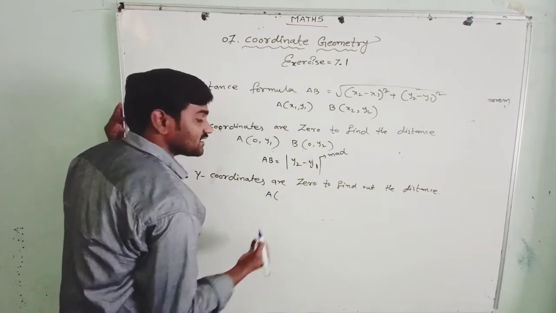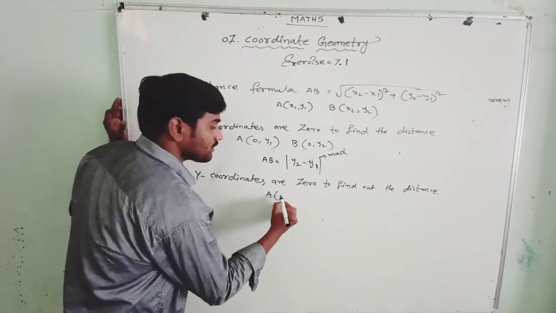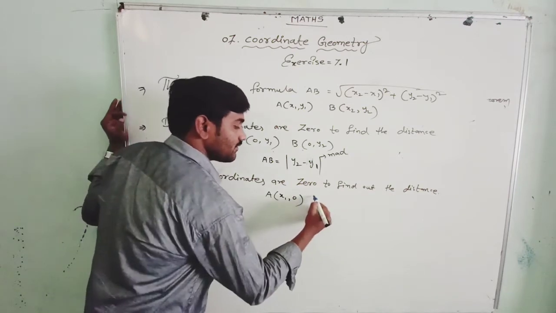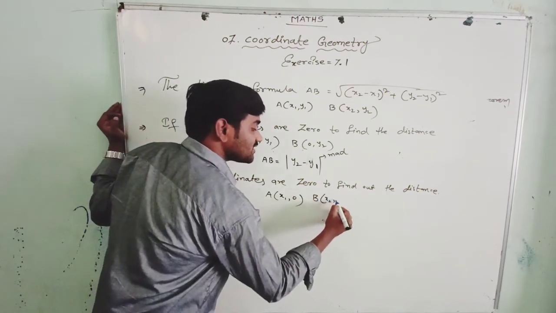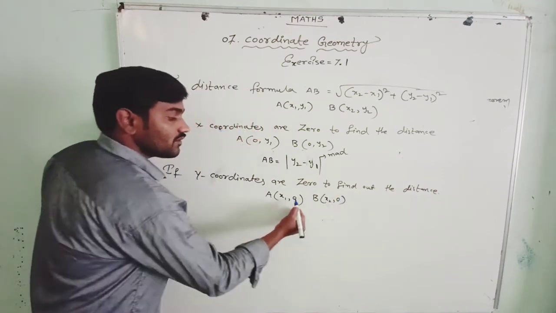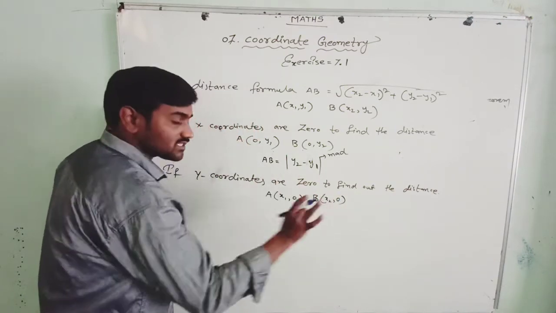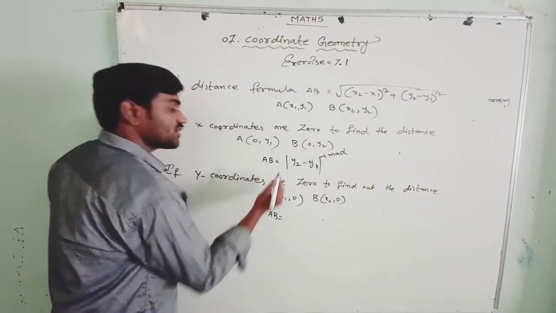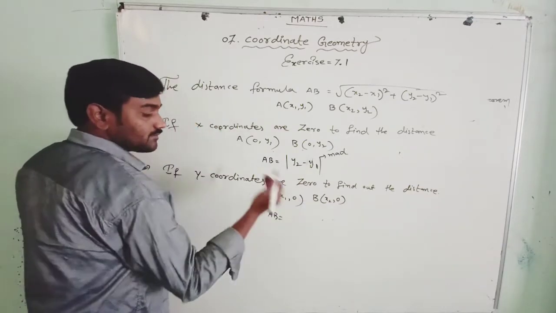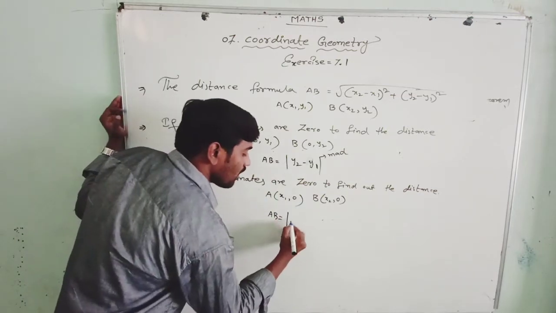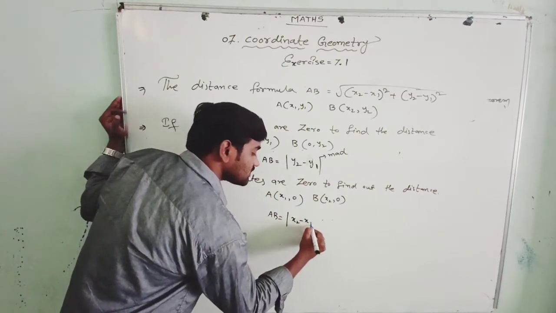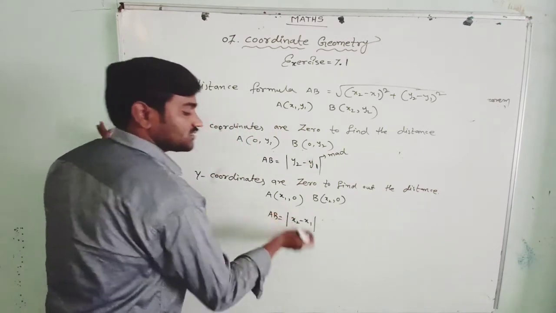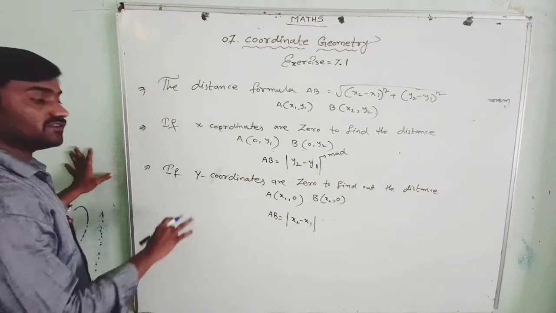Let us take 2 points where the y coordinates are 0. Here the x1 value is there, but the y1 value is 0. Here the x2 value is there, but the y2 value is 0. Where both y coordinates are 0 in the given 2 points, then to find the distance between them, the formula is mod x2 minus x1. If you do x2 minus x1, you will get the distance between the given 2 points easily.